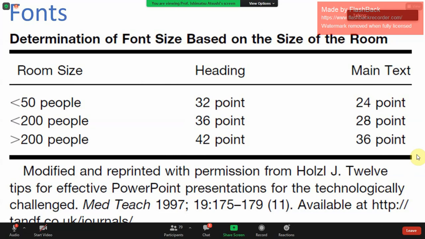With smaller points, the audience has difficulty reading, particularly from the back of the presentation room.